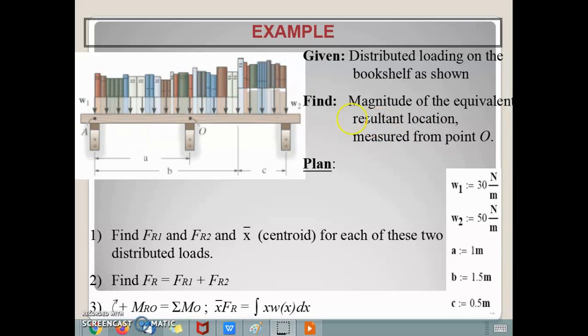the question asks you to find the location of the resultant force here. The F resultant here.